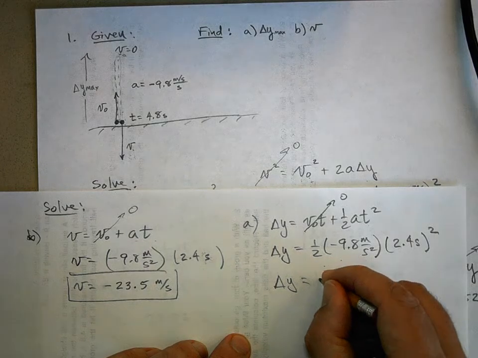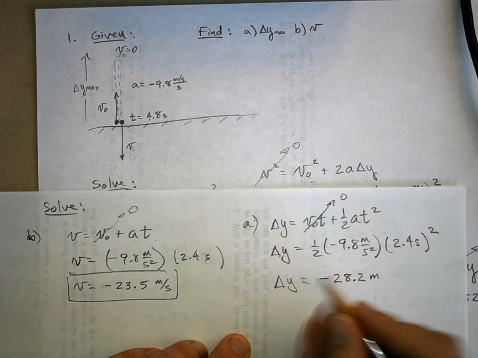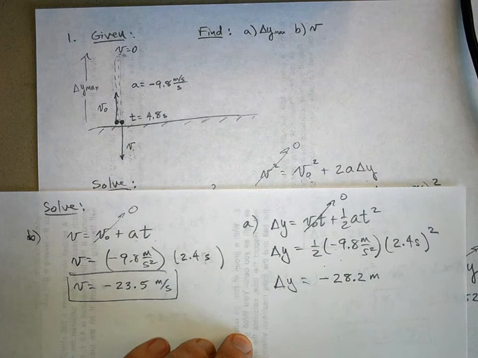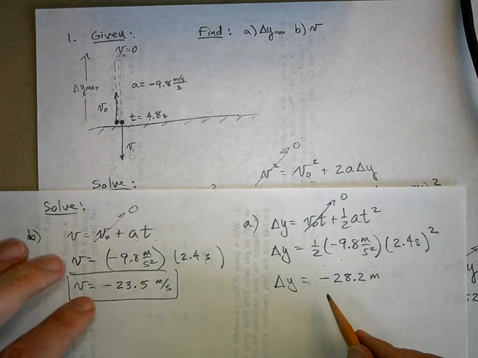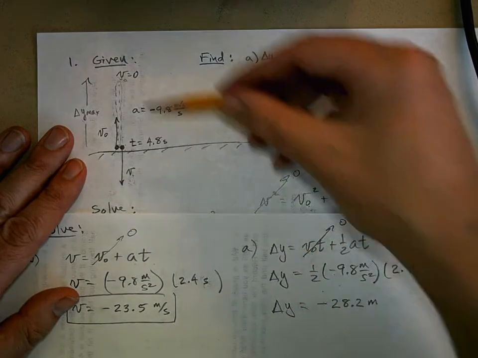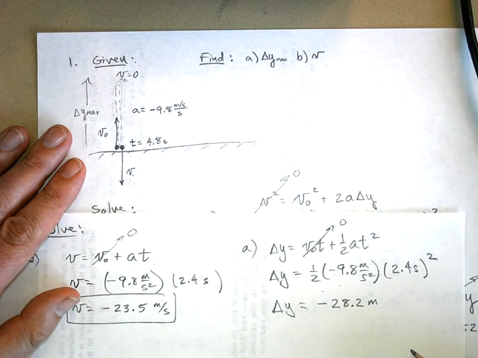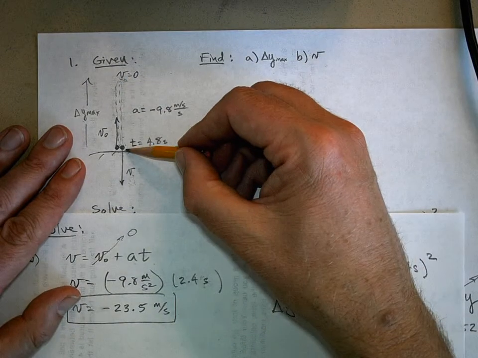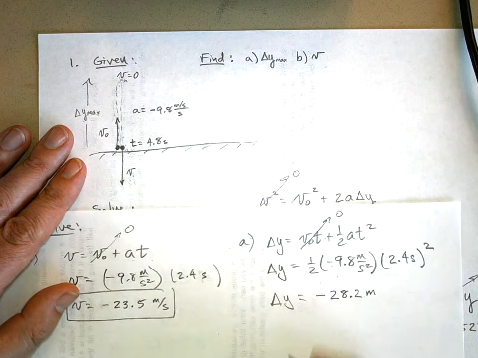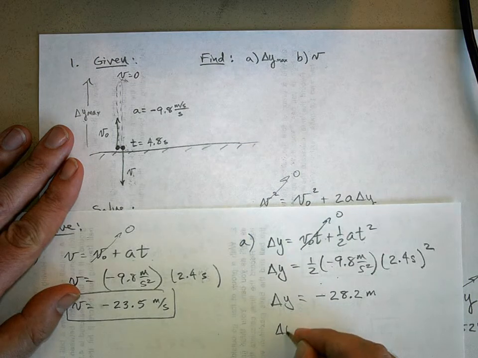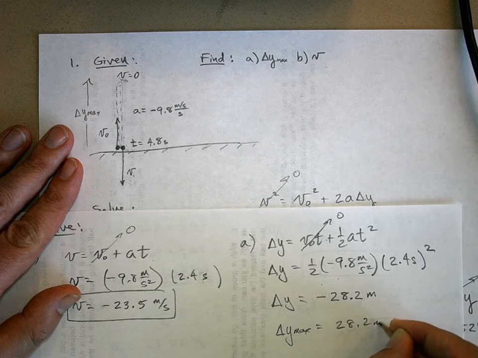Should be negative 28.2, right? Yeah, negative, because we got this negative right there. Now what does this delta y mean? Why is it negative? Because I'm looking at it from it falling down, and it fell down 28.2 meters. But if it fell down 28.2 meters, what did it do? It went up 28.2 meters, so I could say that delta y max, the maximum height, was 28.2 meters up.